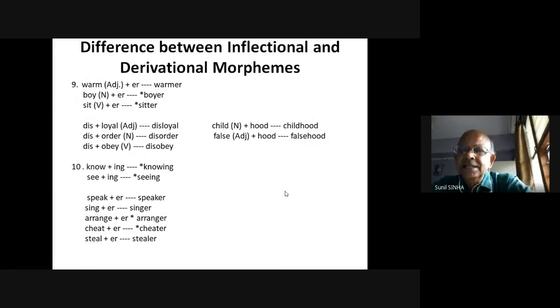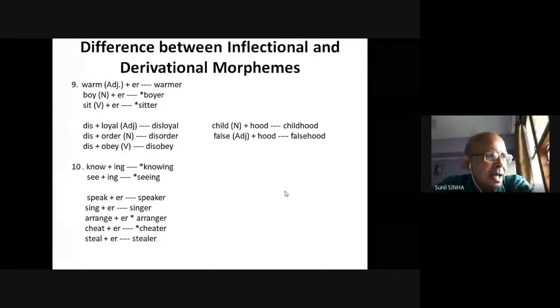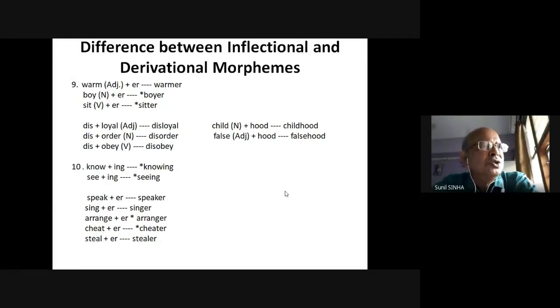What I said is that an inflectional morpheme... Now see, S is a plural morpheme and it can be added to a noun. And S can be added to almost all the nouns. Table, tables, boy, boys, girl, girls, telephone, telephones, fan, fans.